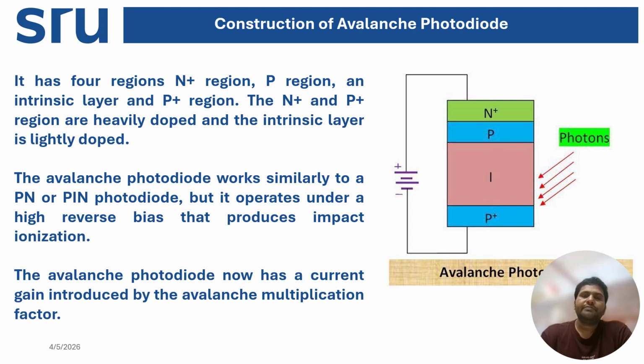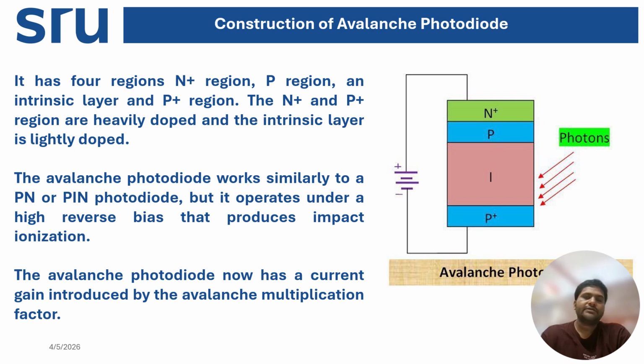Types of APD structure: a reach through APD, where the depletion region extends through the absorption layer, with simple design and moderate performance; and a separate absorption and multiplication APD, with separate regions for absorption and multiplication, giving better performance and low noise, widely used in optical communication.